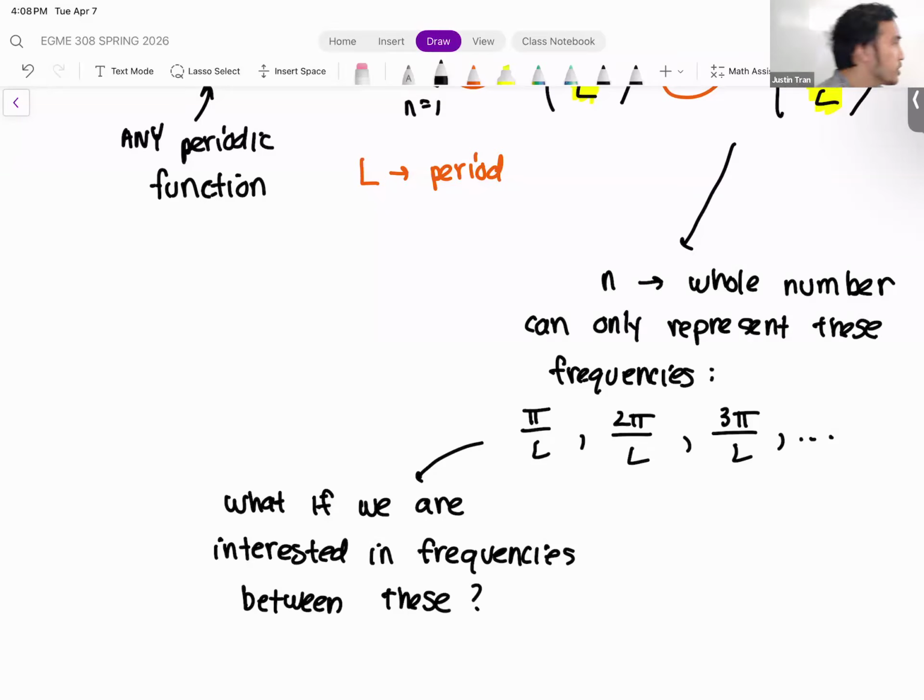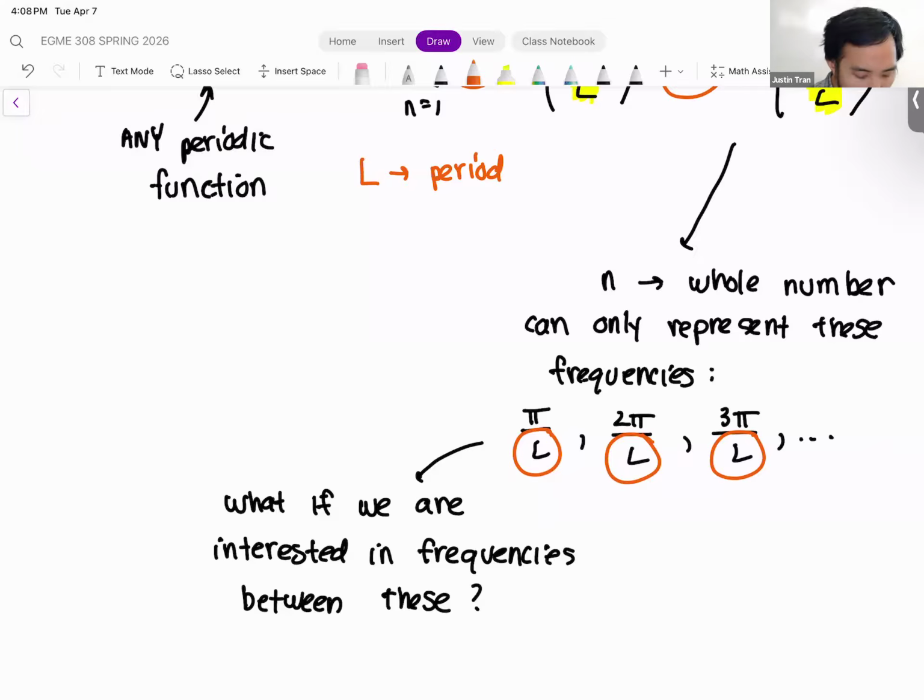Let's say we're interested in the Fourier series coefficient at 1.5 pi over L. What if we wanted to know the coefficient for 2.3 pi over L? Right now we can't do that with the Fourier series as it's currently constructed, unless we look at a function with a greater period. The limiting factor here is the period. The longer the period, the broader the range of frequencies we can look at, because the period there isn't enough.